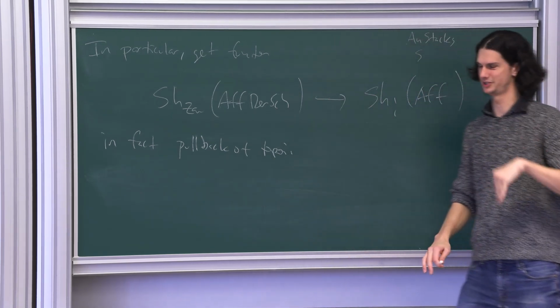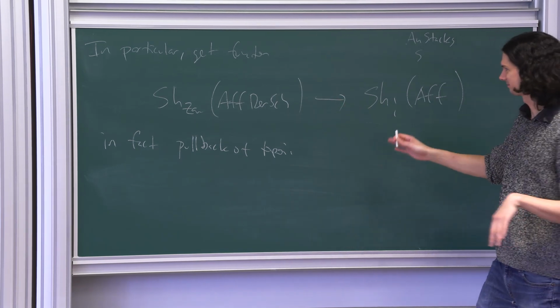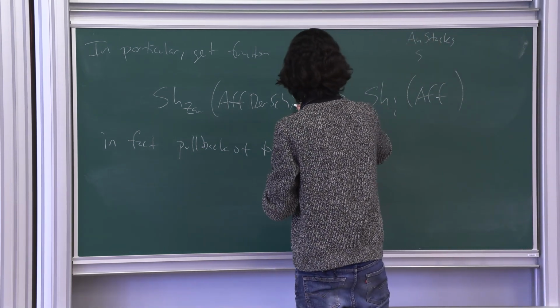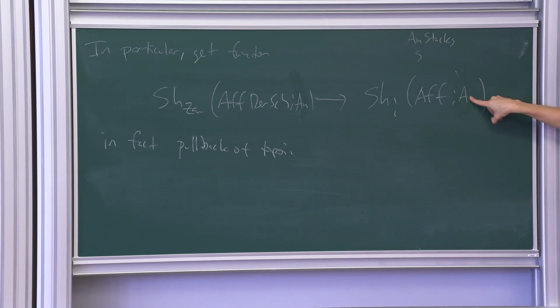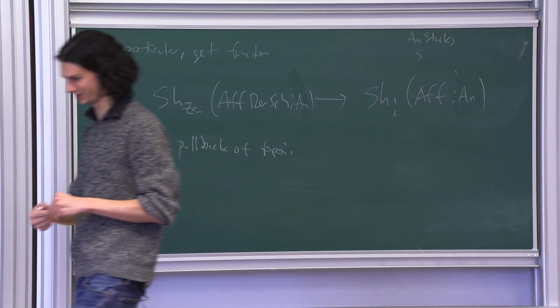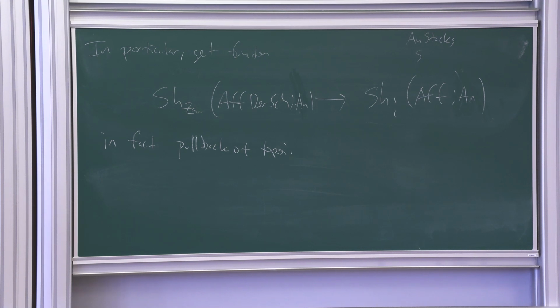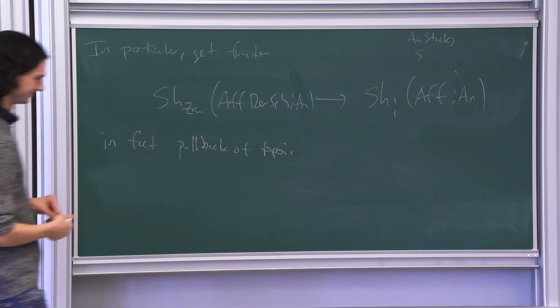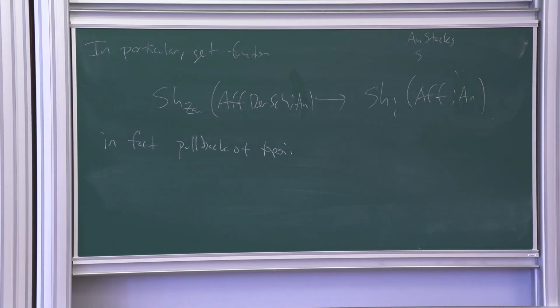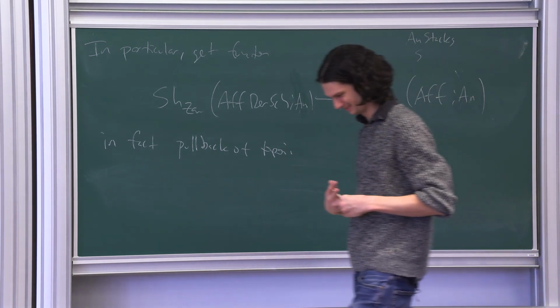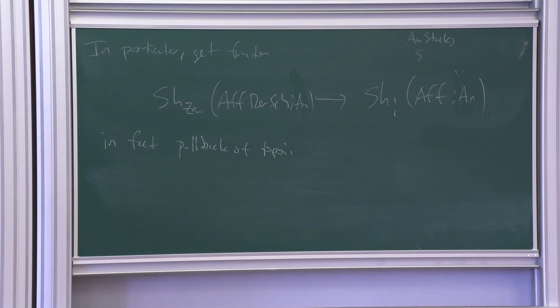What I really will mean is sheaves with values in what Peter and I have been calling anima, which is what Lurie calls spaces, which is what other people call Kan complexes, the quasi-category of Kan complexes. Some people call them homotopy types. Something has many names. It's probably because it's a subtle concept. But, yeah. Well, anyway.